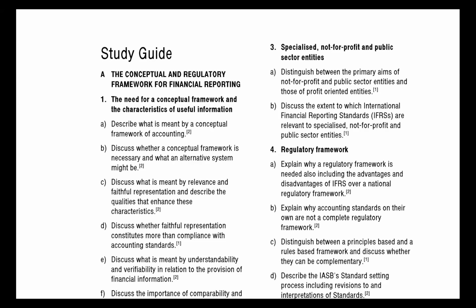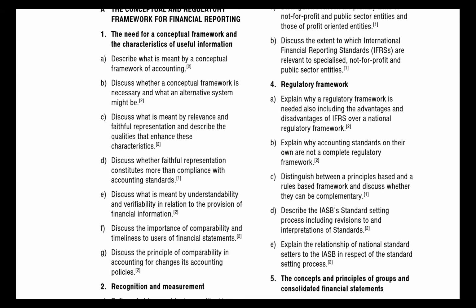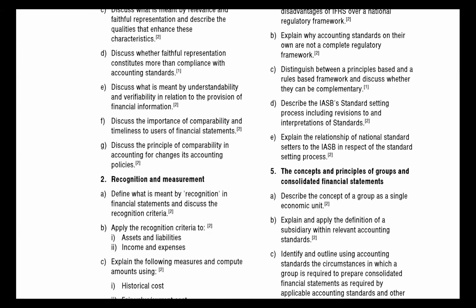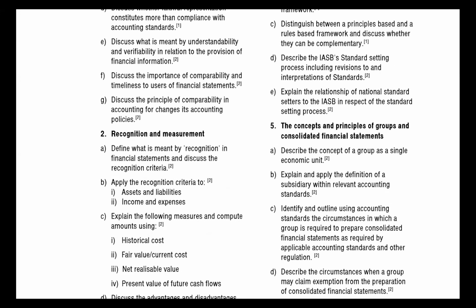We will explain why accounting standards on their own are not a complete regulatory framework. And we will describe the International Accounting Standards Board's standard setting process, which should include the revisions to and interpretation of these very standards. We will not end there under this same unit.